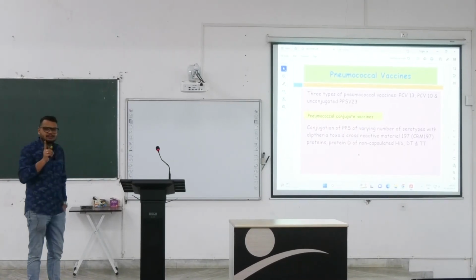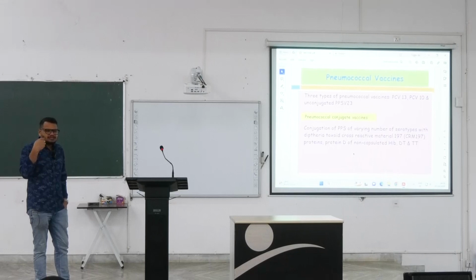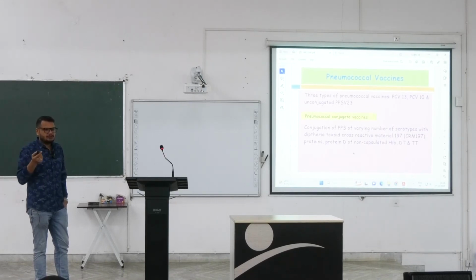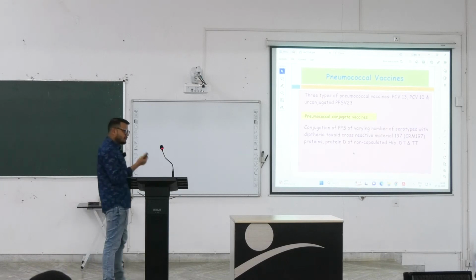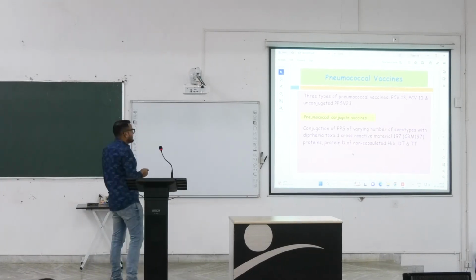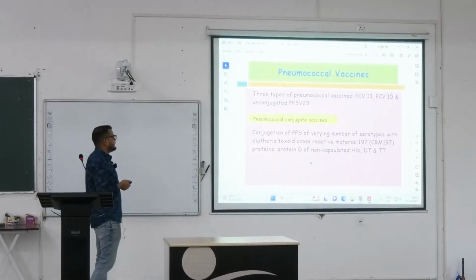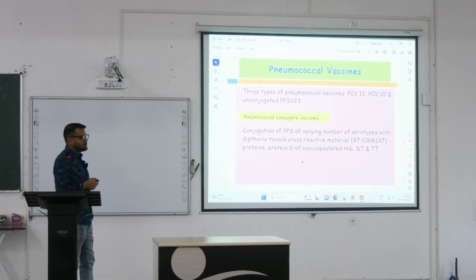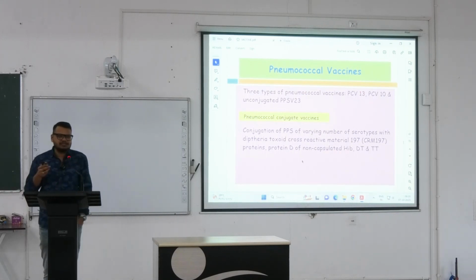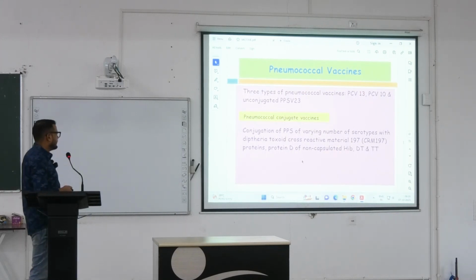Also in the geriatric population, more than 60 years of age, old people, give a pneumococcal vaccination before the start of the winter season. There are 3 types of pneumococcal vaccines: PCV13, PCV10 and unconjugated PPSV23. These are just names, not abbreviations that have meaning.